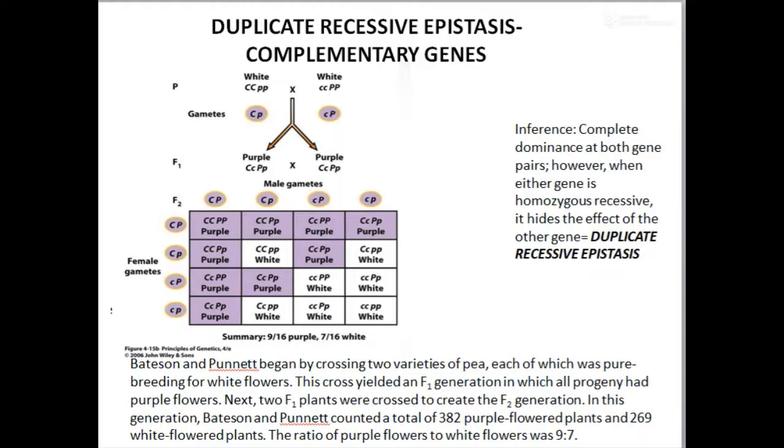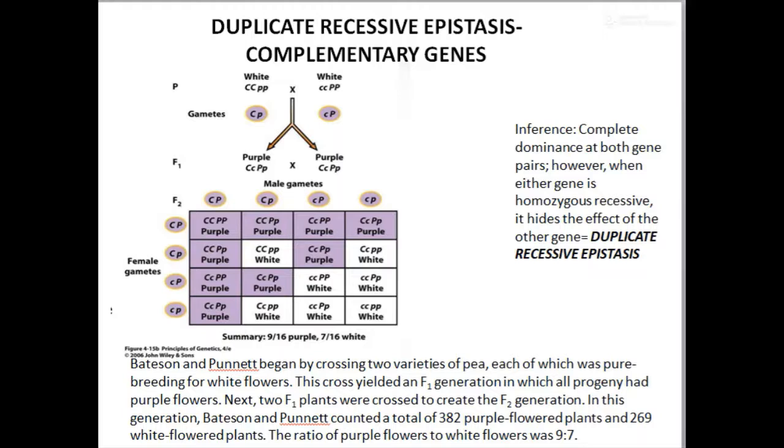That is, they will have a genotype of capital C, small c, capital P, small p. All the flowers born in the F1 generation will have a purple color, unlike the parents, which bore white flowers.